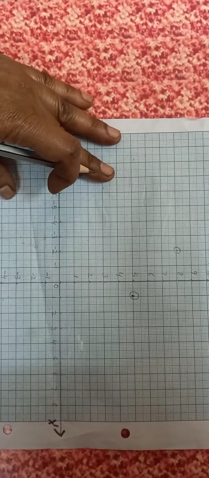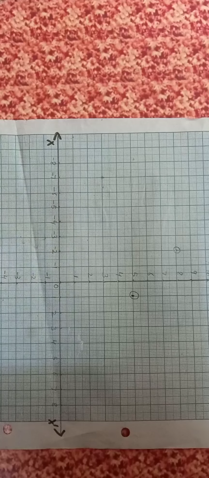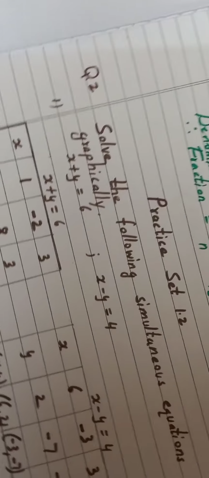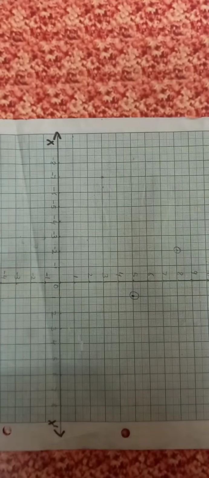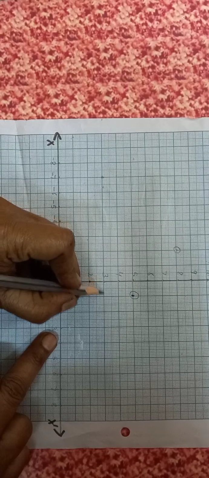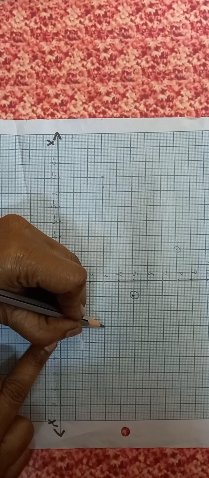Okay, I hope you are following. Then our next one is 3 comma 3. 3 comma 3 is very easy. Here 3, and here y coordinate 3.